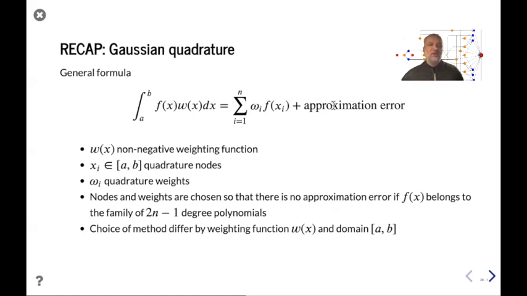It's not exact, it's an approximation, but as the number of quadrature nodes increases, the approximation error is going to be very small. Basically, the nodes and weights are chosen so that there is no approximation error if the function f belongs to the family of polynomials of degree 2n-1.